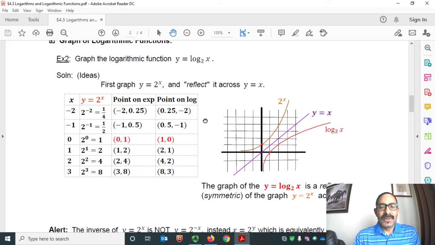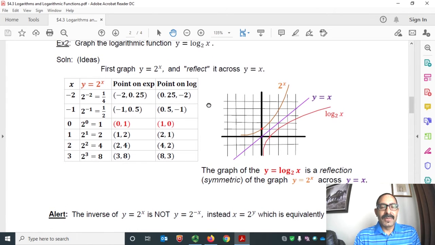Awesome. So let's make a table here. Here are the x values, so we can pick some negative numbers as well as some positive numbers and evaluate 2 to the x. When x is negative 2, then 2 to the x turns out to be 1/4. So the point on the exponential graph is negative 2, 0.25.